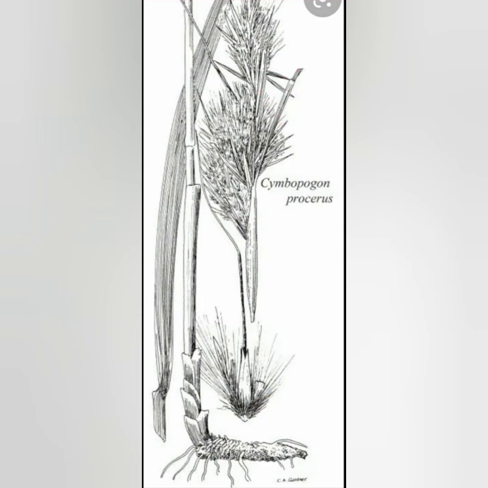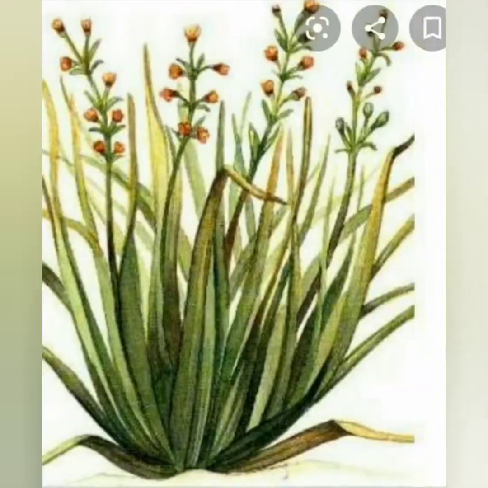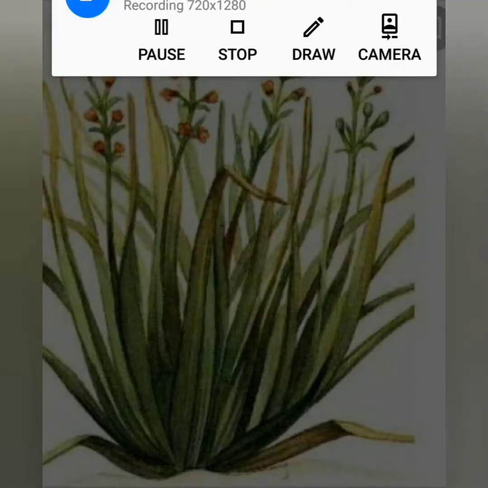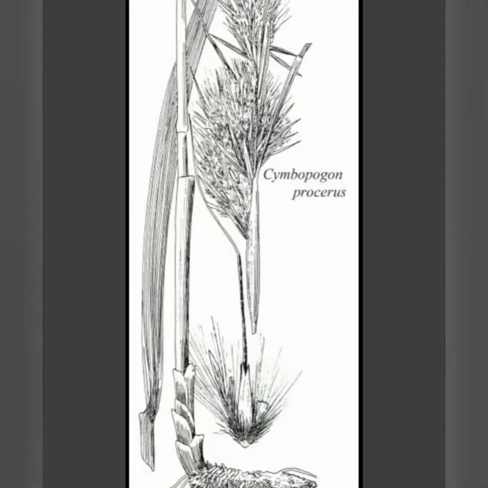And also the flowers, it's not so clear, but here you can see the flowers. The shoots bearing flowers are referred to as the racemes. You can see the flowers arise on the shoots. So these are the racemes, that is the shoots bearing flowers. So this is the morphological characteristic of this Citronella plant.